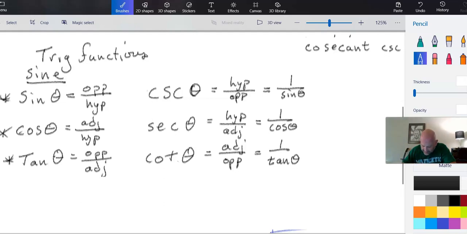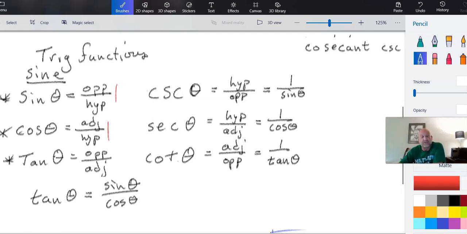The other identity that I haven't talked about here, it's probably a little less obvious, is that tangent theta is sine theta divided by cosine theta, right? And that actually happens if you take these definitions of sine and cosine and write sine over cosine.